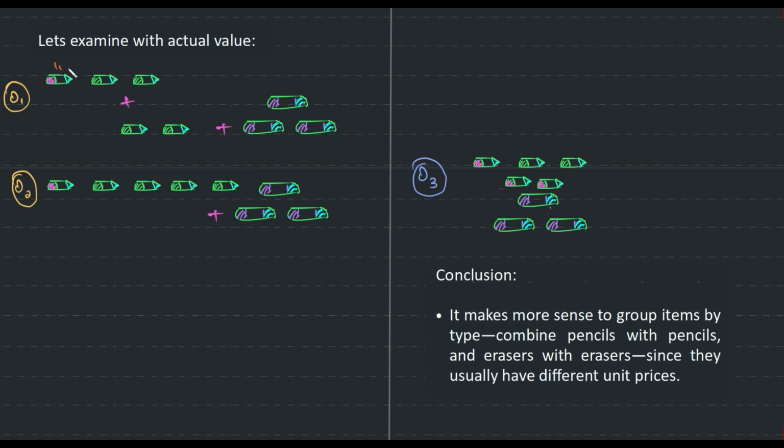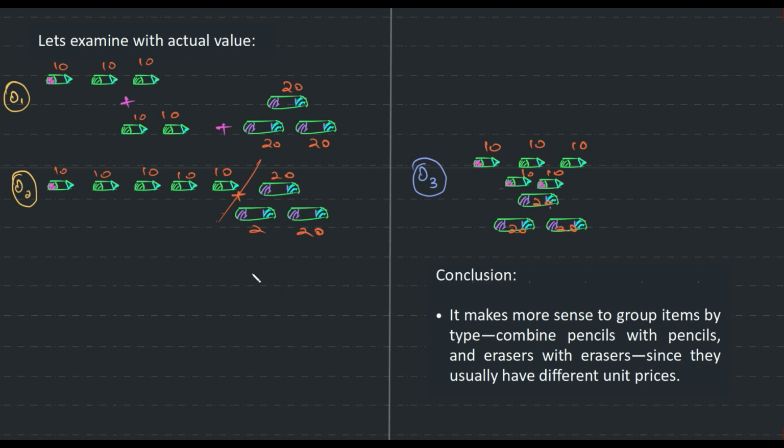Say this is 10 rupees, 10 rupees, 10 rupees. This is also 10. Erasers are say 20, 20, 20. So let's write cost everywhere: 10, 10, 10, 10, 10, 20, 20, 20. This is a separate group, right? So this and this separate and then add.